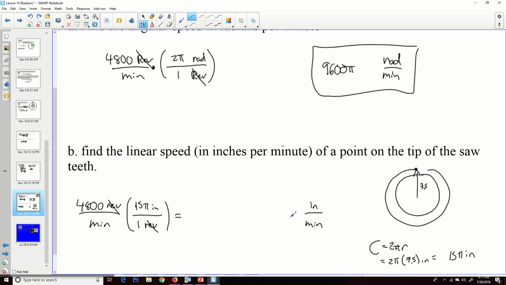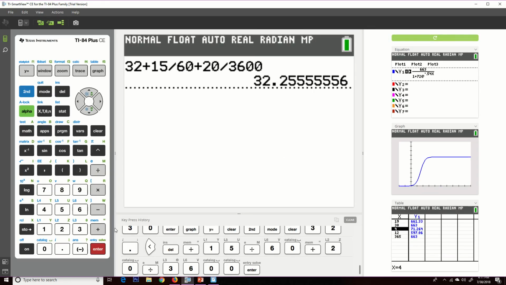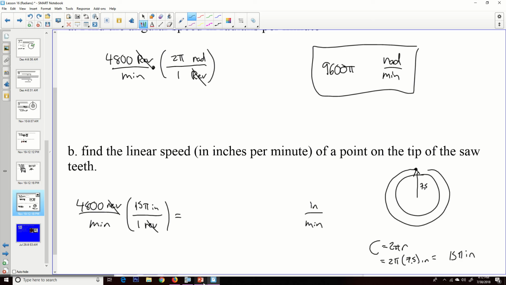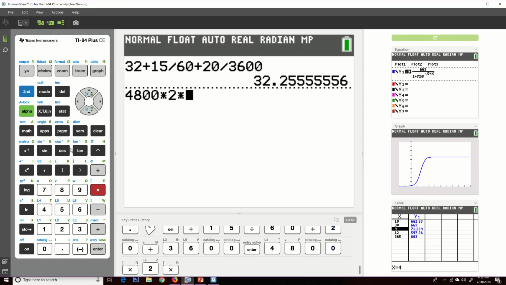Just because with inches per minute we usually don't measure inches in terms of pi, I am going to use a calculator on this one. It's 4,800 times 15 times pi, and there's a little pi button right there. Hit enter.